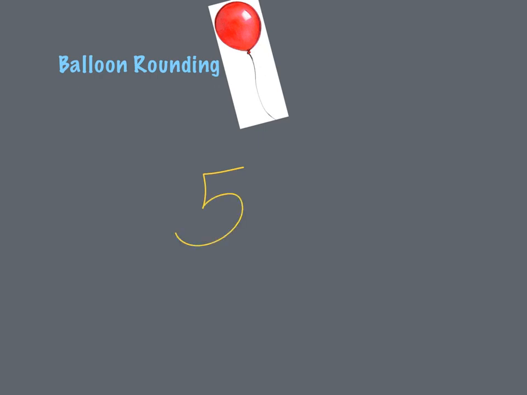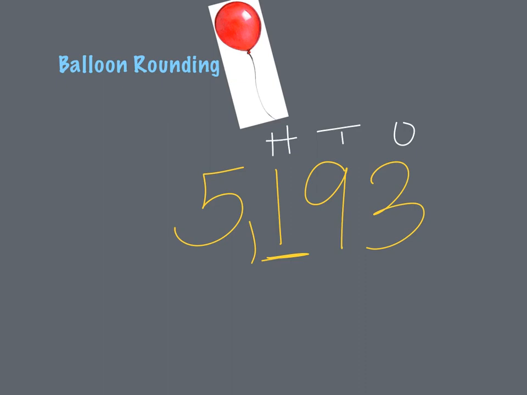Let's say we have 5,193, and we are going to be rounding, let's see, to that place value. What is that place value? That's right, that is the hundreds, ones, tens, hundreds, then thousands. Okay, so if 1 is in the hundreds and we are rounding to the hundreds, what's my balloon number?